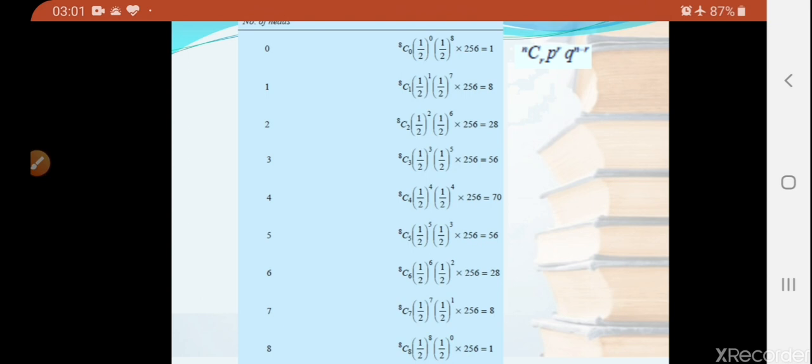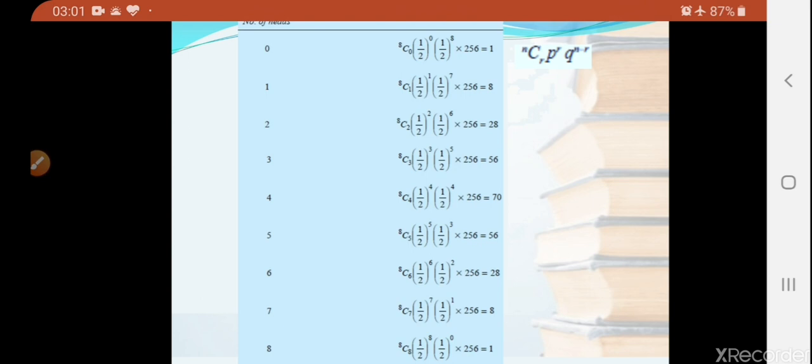And P and Q, if you see, P is the probability of the head coming for 1 coin. So that would be half. If 1 coin is falling, then the probability of falling with head upwards is 1 by 2. It remains the same whatever be the number of throws.